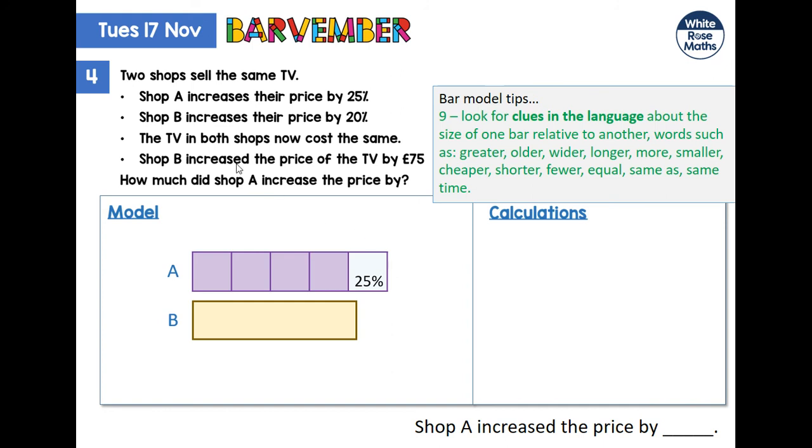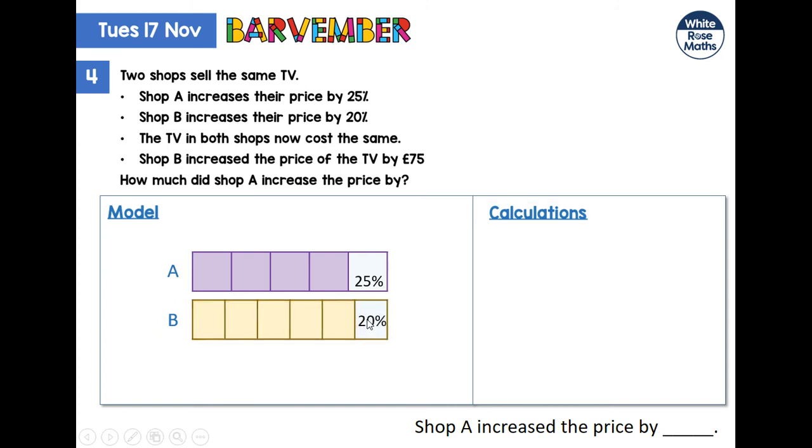Okay. Shop B increases their price by 20%. Well, again, we need to know that 20% is a fifth. Okay. So bar B needs to be split into 5 parts, and then we're going to add another of those parts. Okay. So here we have 6/5, and here we have for bar A 5/4.